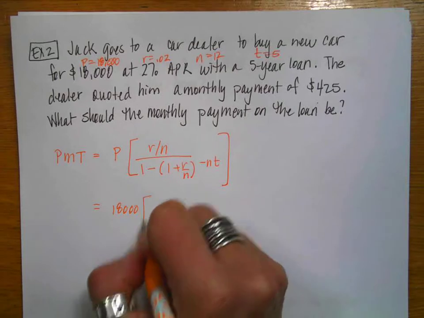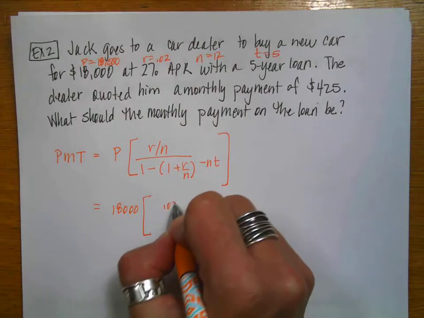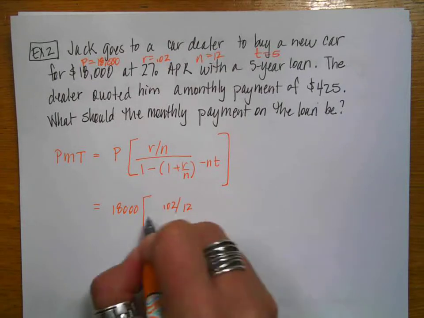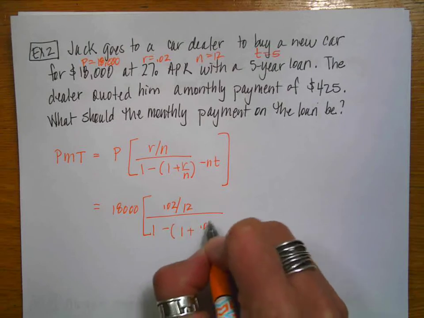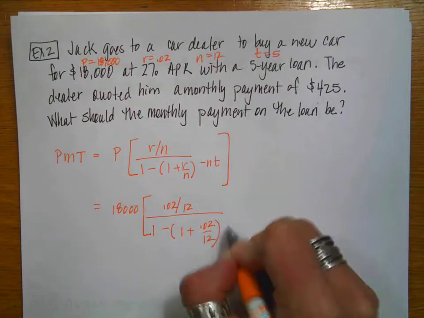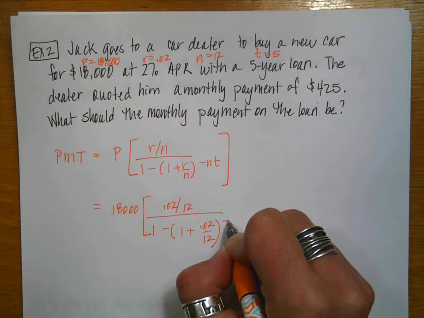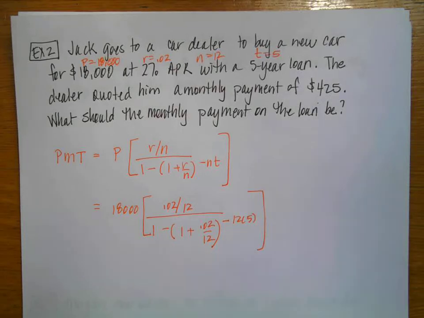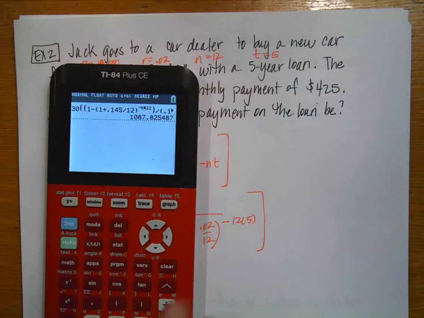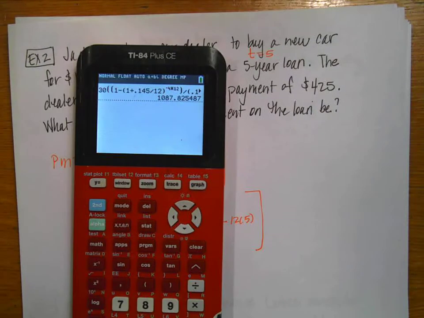So let's figure out our payment. So here's the $18,000, and then I'm going to have my 0.02 divided by 12 in the numerator, and then 1 minus 1 plus the 0.02 divided by 12 raised to the negative 12 times 5. And again, we're just pushing buttons on our calculator, so it's a little bit tricky. So let's make sure we put it in correctly. So I'm going to enter the 18,000, and I'm going to enter a couple of parentheses.